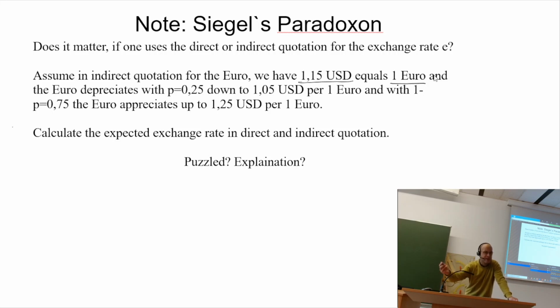And now we have some expectations about the future, and we assume that with a probability of 25% the exchange rate is falling, that the euro is depreciating, and be careful, the exchange rate in number will increase if we take the direct quotation 1 over 1.15, but still this of course would mean that the euro would then depreciate, even though the number would increase.